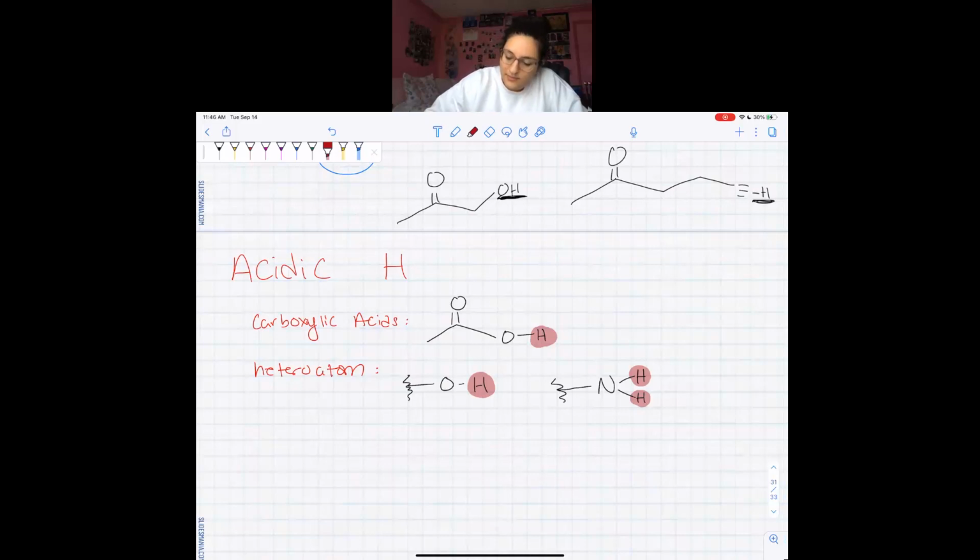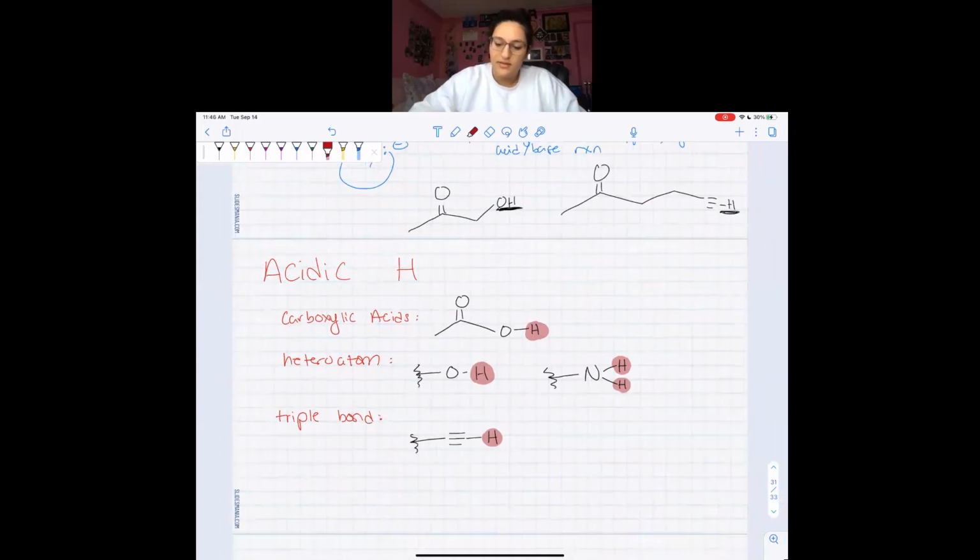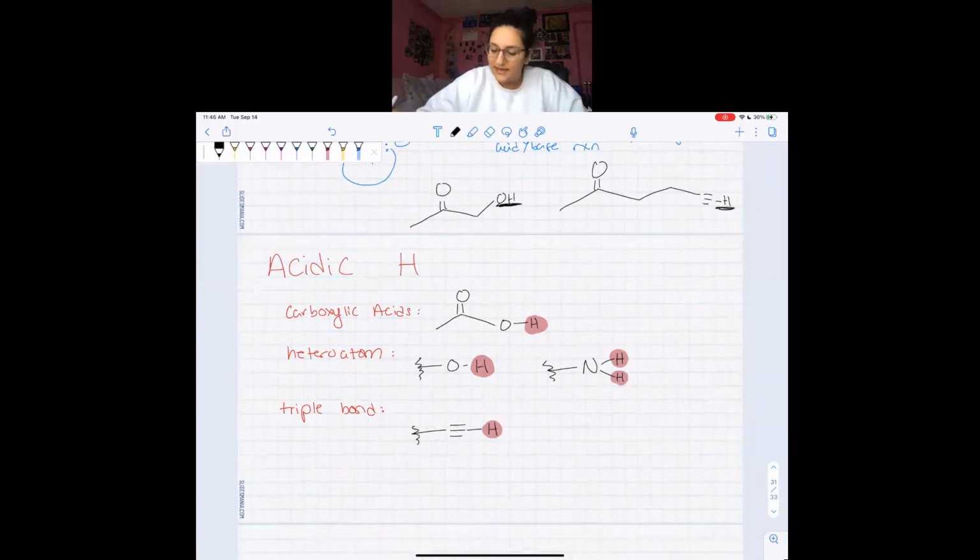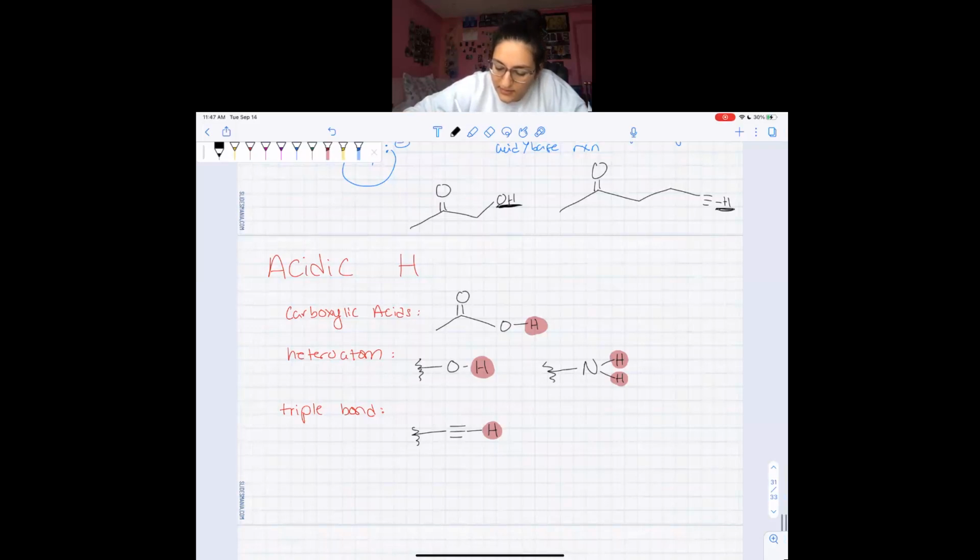And the third example is a triple bond. So if we have a triple bond attached somewhere, and we have a hydrogen attached to it, this hydrogen counts as an acidic proton. So for the last two, I will show you an example of what that might look like. So let's say we have a ketone, and a couple carbons away, we have an OH.